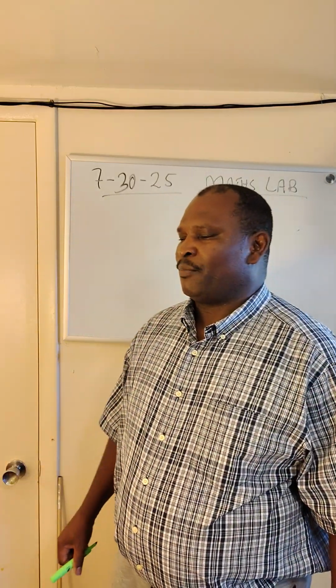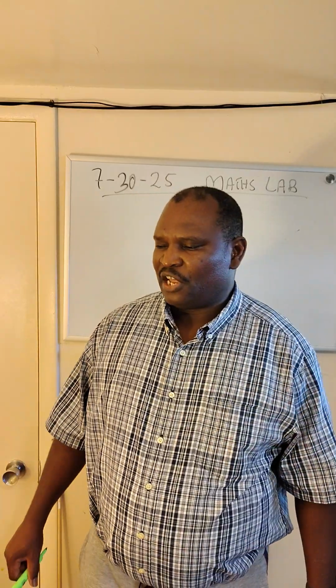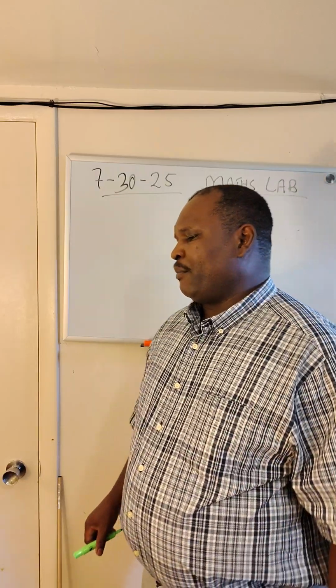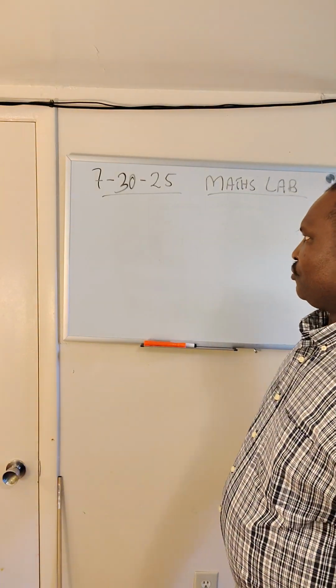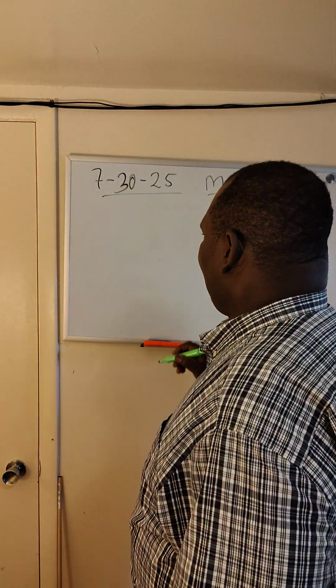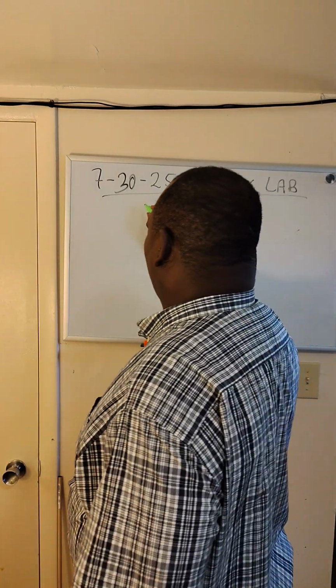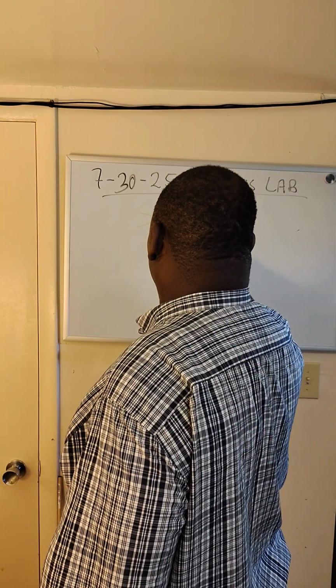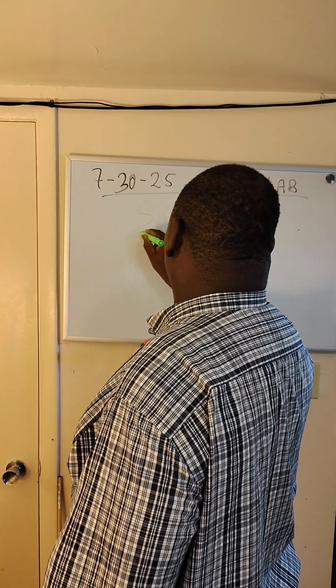Remember, the first thing to note is to factor out the GCF, and also to look at the most common numbers that are appearing within a combination of the polynomials, for you to be able to factor it right. So for today, let's do some simplification.